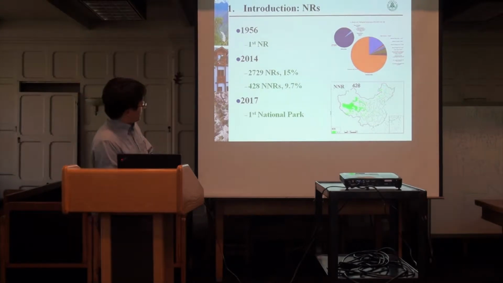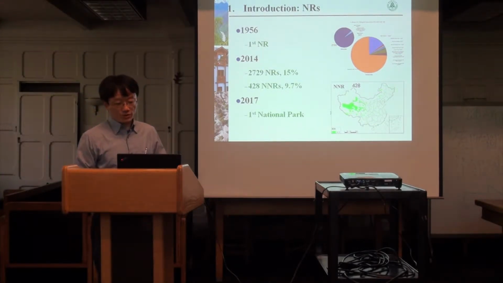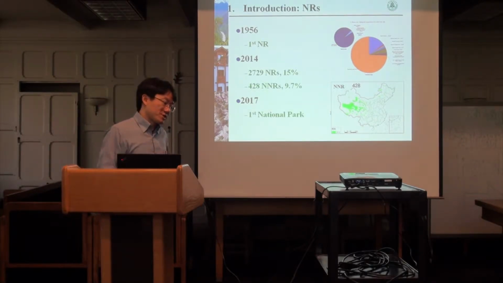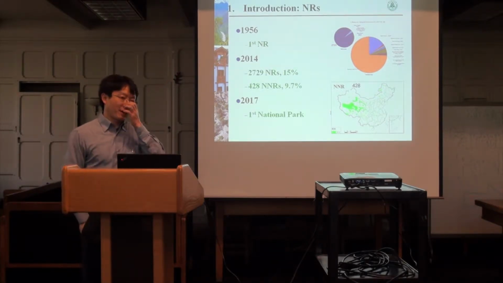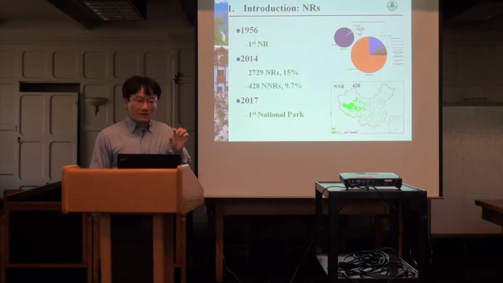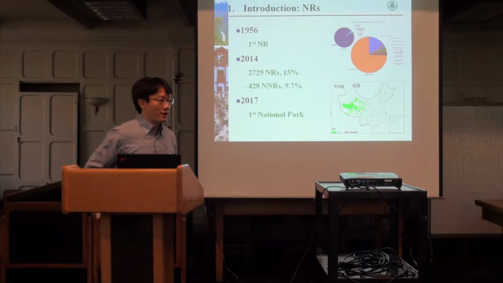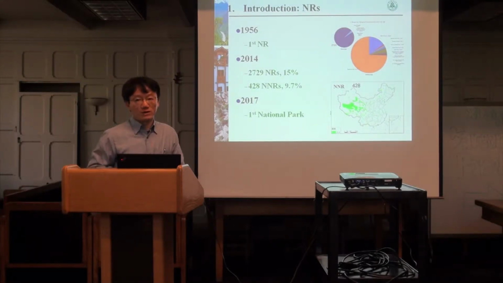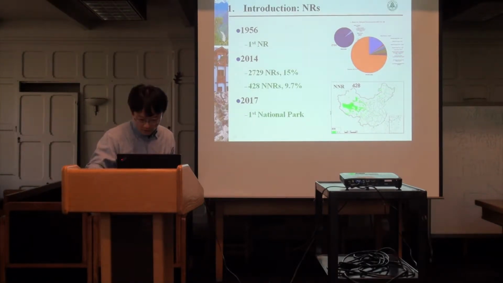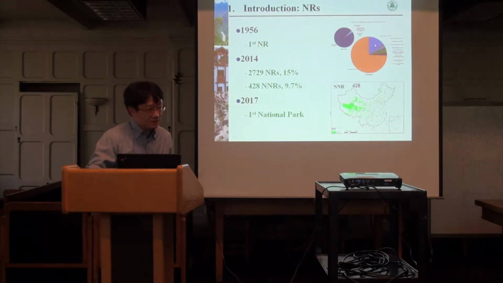And then let me tell you something about the nature reserve in China. According to the IUCN categories of protected area, nature reserve is only one type of protected area. But in China, nature reserves dominate the protected areas. This is the percentage of nature reserve, the blue section.